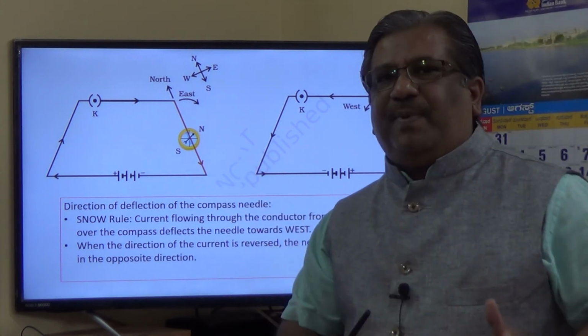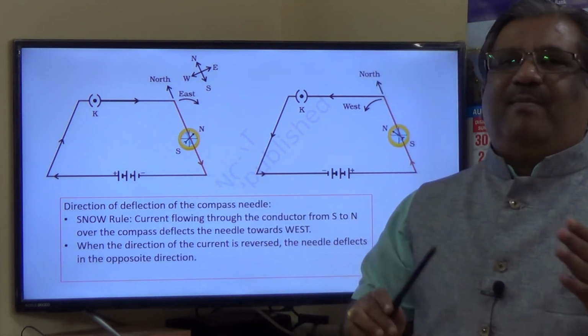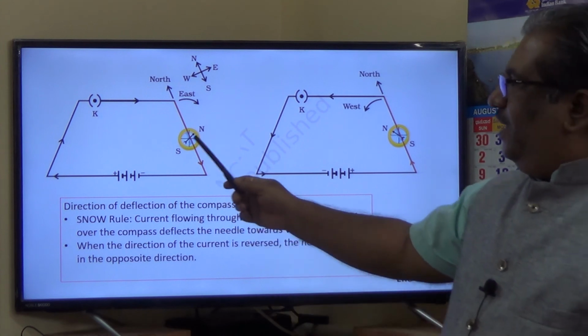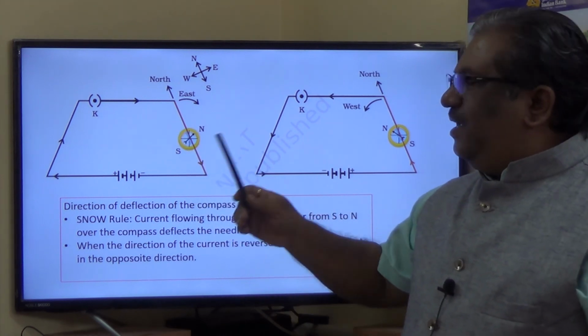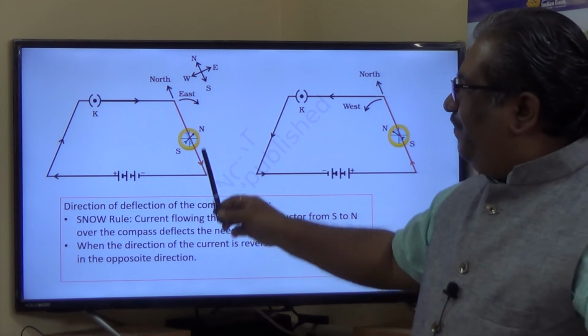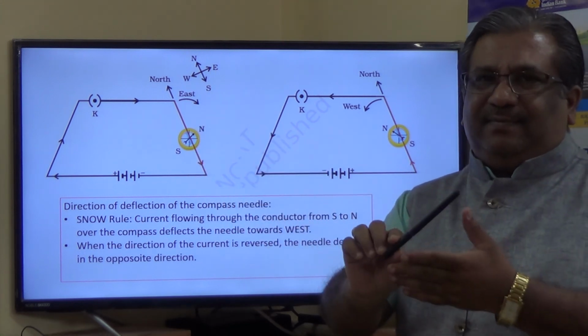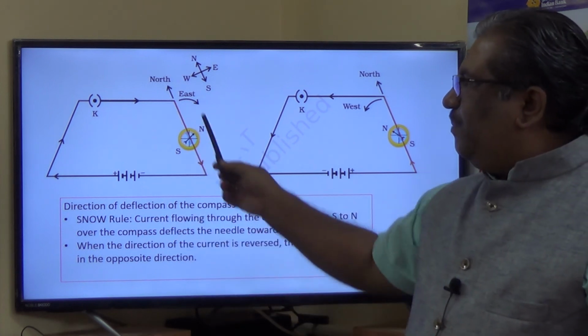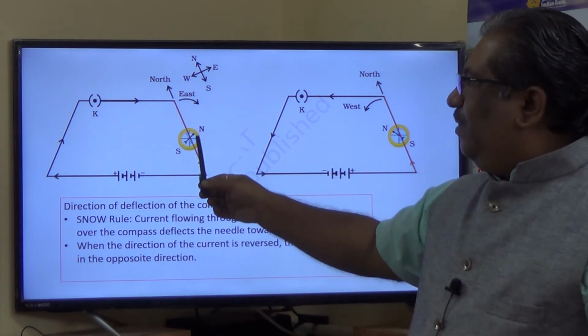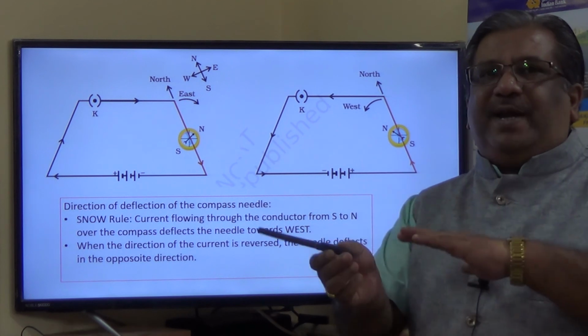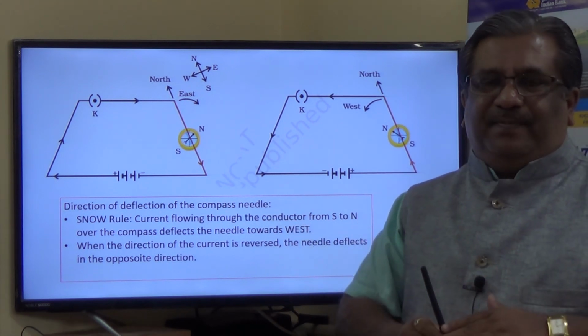The deflection depends upon the amount of current. If there is a smaller amount of current, then the deflection towards the west or the east is only slight. But if more current passes through, then the deflection will be almost perpendicular to its original direction, at 90 degrees.